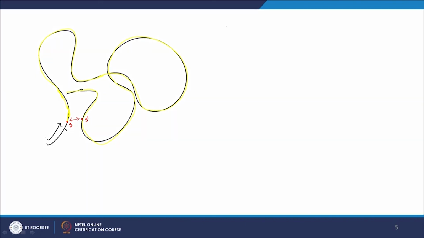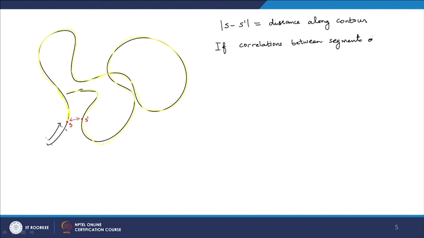So, when I look at say my S minus S prime, that represents the distance along the contour, and what we said is if correlations between segments decay rapidly with distance along the contour, in the figure that we have just put in, that is equal to S minus S prime, then the chain is ideal.